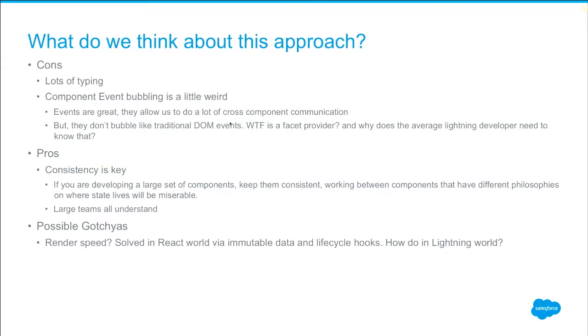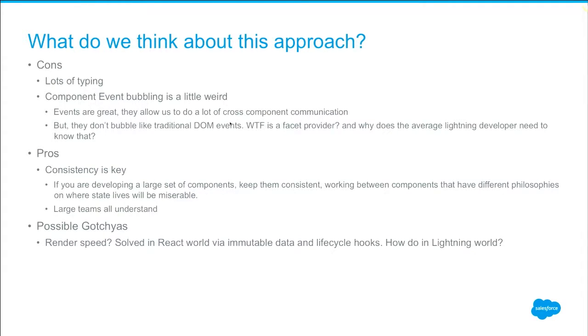Like a child bubbles to its parent, then its grandparent, great-grandparent. Lightning component events go from the component where the event happens, and they bubble to one spot, and they call it the facet provider. And I don't really know the naming, but it's essentially the top level of the component. And it provides facets, I guess.